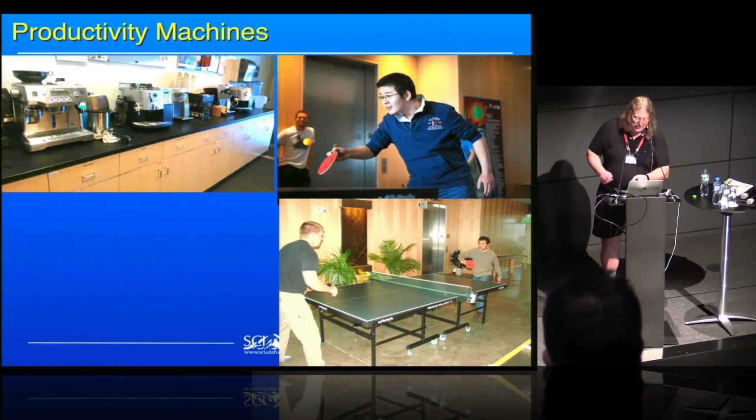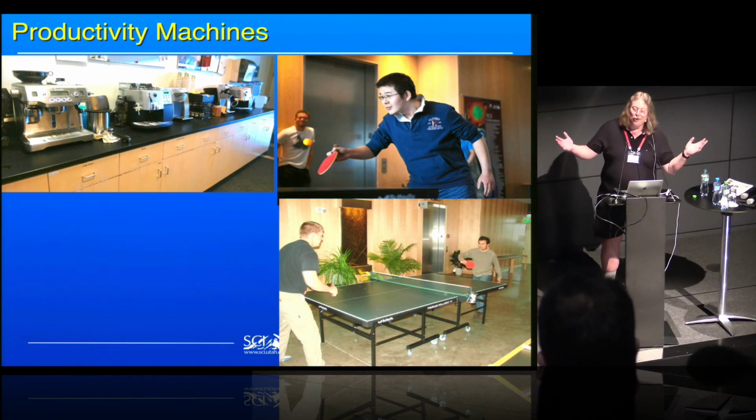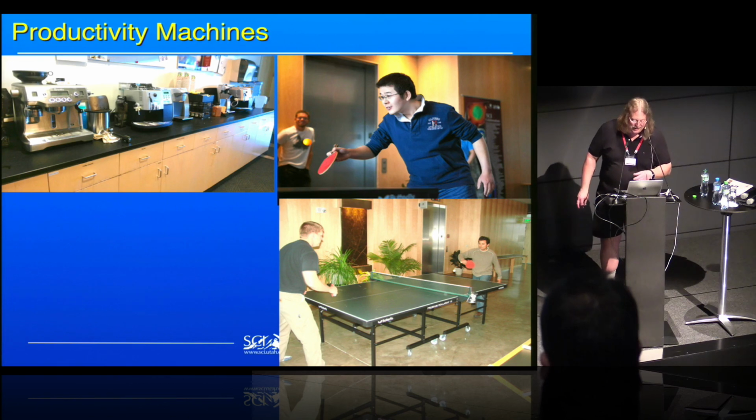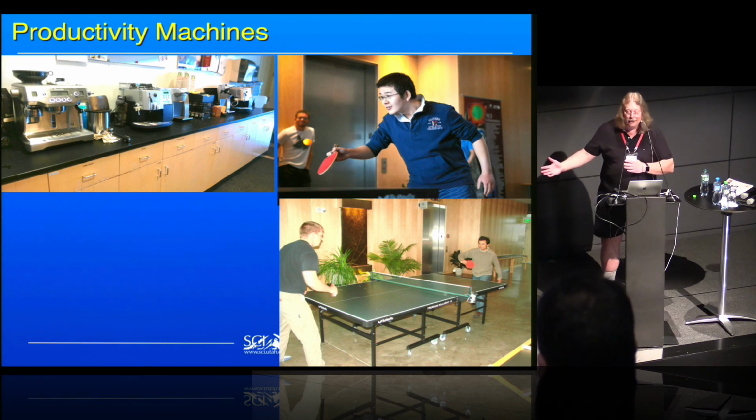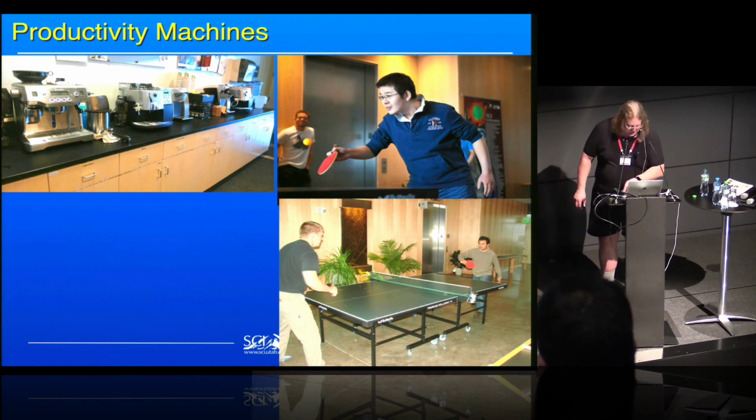You can see the table is on wheels, and we thought we'd bring it out every once in a while and put it in a closet, but it's always out. This is in the reception of the institute. You get off the elevator, and right across from this is our reception desk. People from China and India and Italy and Brazil and the US and Europe all played ping pong, so we have annual ping pong tournaments.